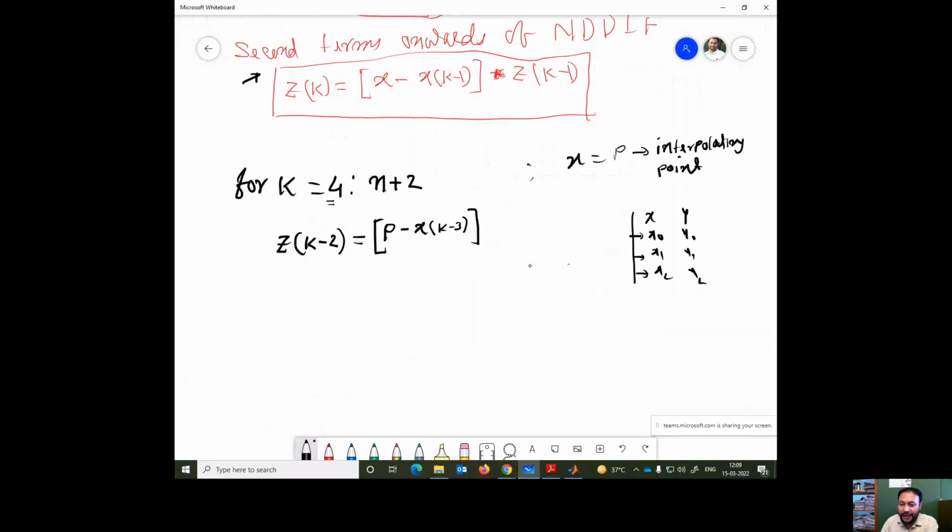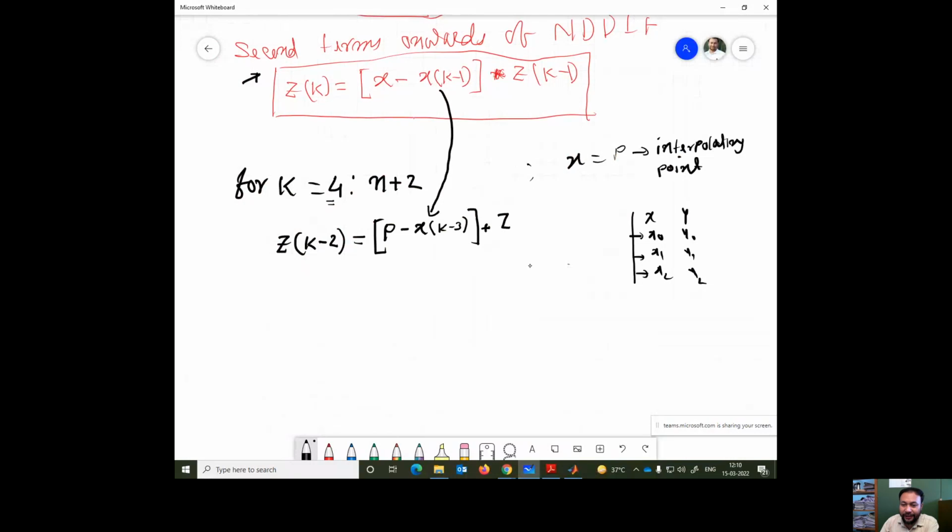So x minus p, the value of x, I have put here as p. K minus 3, because k is equal to 4 here, so I can get x1. Multiply. Thus it is the extension function of this one.